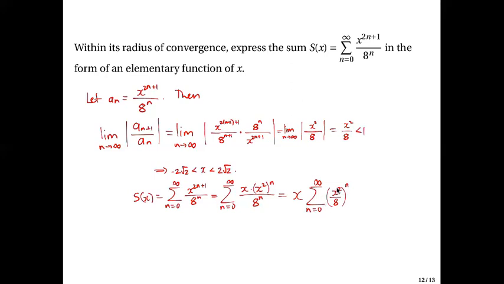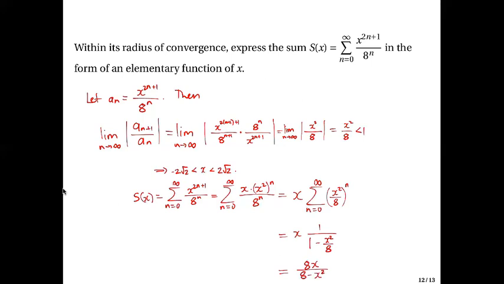And this guy here is familiar to us. This will be x times 1 over 1 minus x squared over 8. If we simplify this, our s of x will be 8x divided by 8 minus x squared.